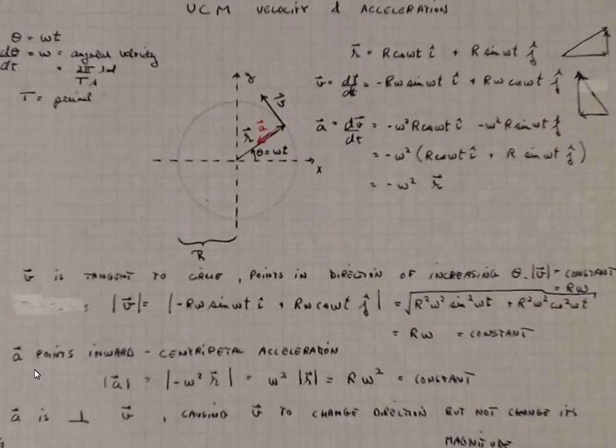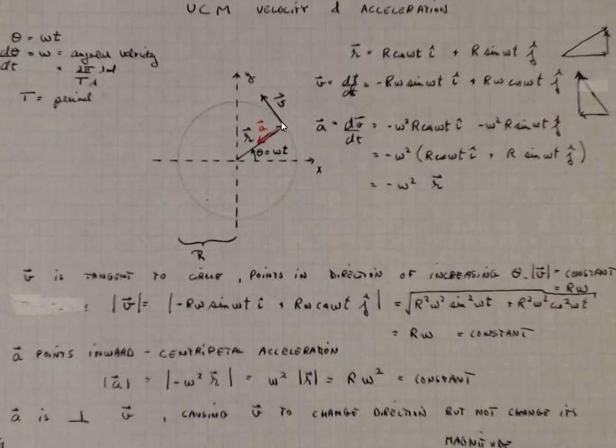We've also found that the a vector points inward. That's the centripetal acceleration, and the magnitude of a is simply r times omega squared, which is a constant. I'll let you demonstrate to yourself that r omega squared can also be expressed as v squared over big R. Furthermore, we've shown that the a vector is perpendicular to the v vector.